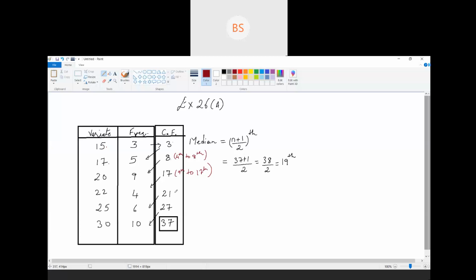Then the 18th observation to the 21st observation, the value is 22. This is what it tells us. So as we know, we want the 19th term. As we can see, the 19th term lies over here. So the value of the 19th term will be this variate. So the median will be 22.